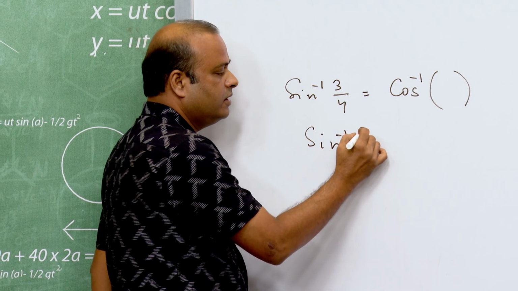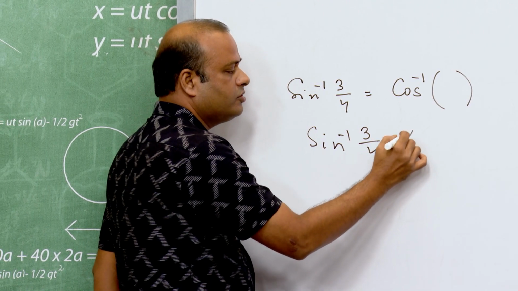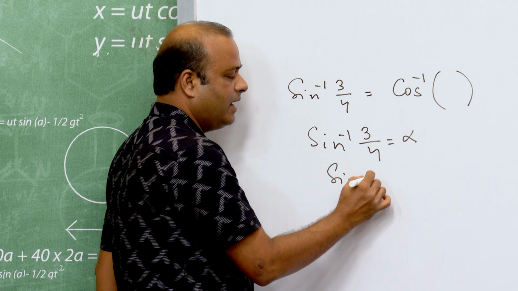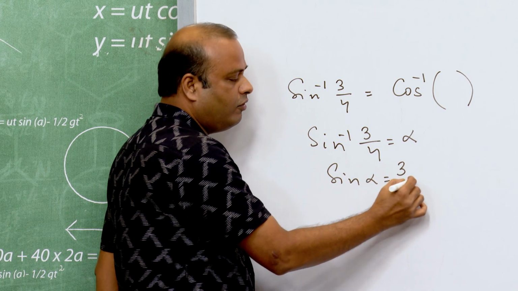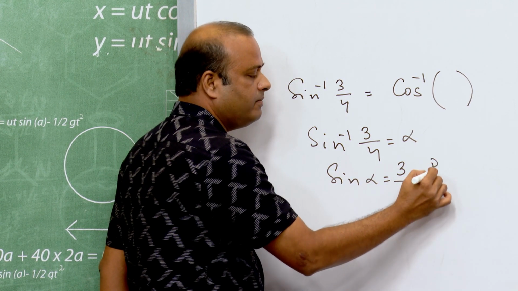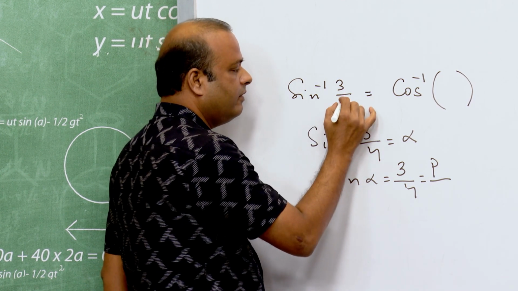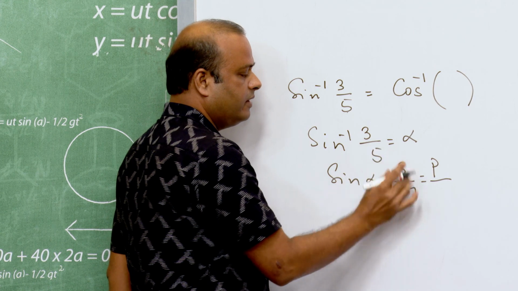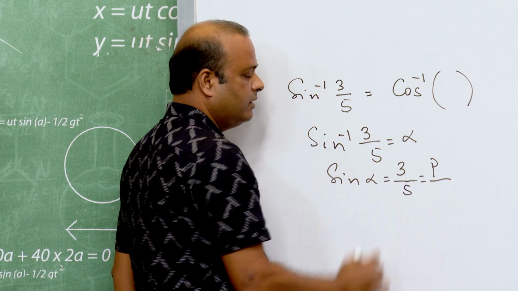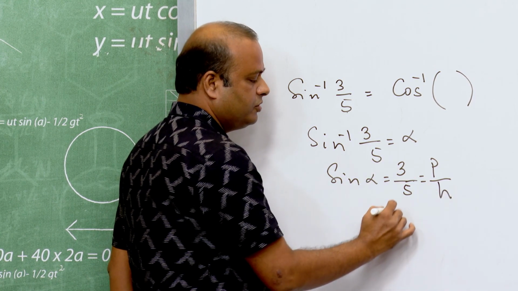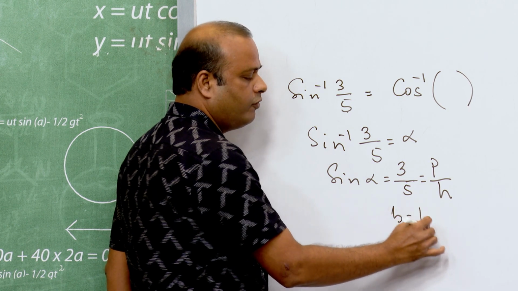Sin inverse 3 by 5 is equal to alpha, so sin alpha is equal to 3 by 5, that is p by h. Likewise, p is 3, h is 5, so b is equal to 4.